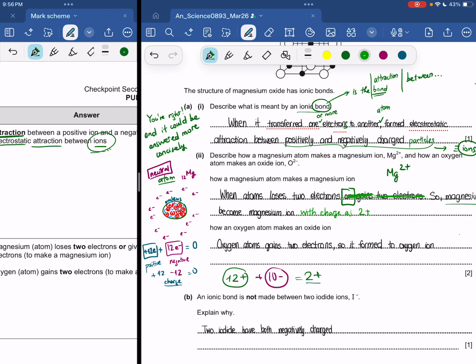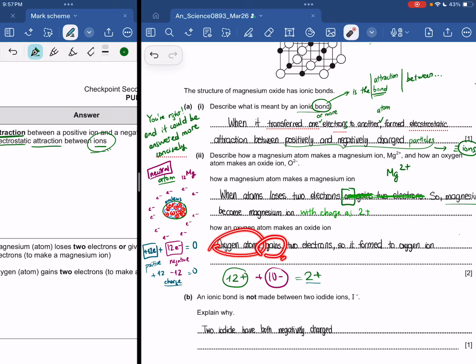Okay, and then you also mention in here, which is really nice and concise, that the oxygen atom gains, receives 2 electrons, so it forms an oxide ion with the 2 minus, because it's got 2 extra electrons.